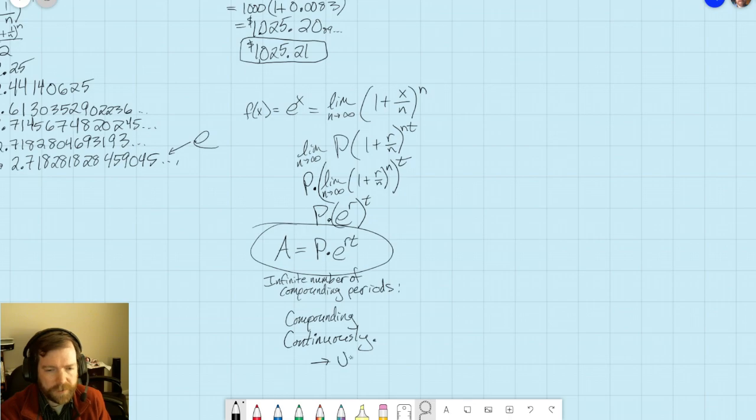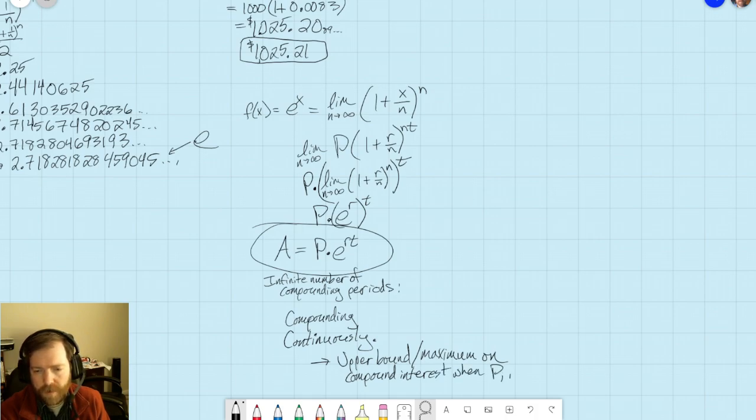This also gets us an upper bound, or a maximum, on compound interest. When P, R, and T are always the same.